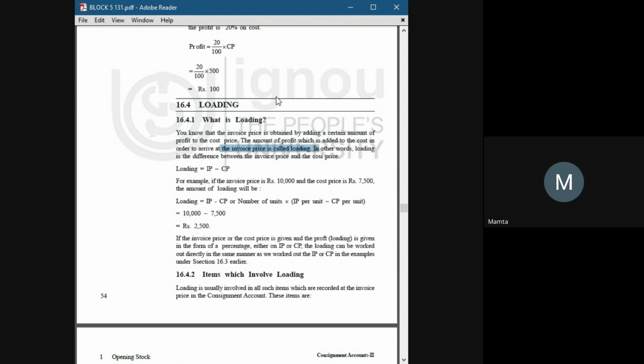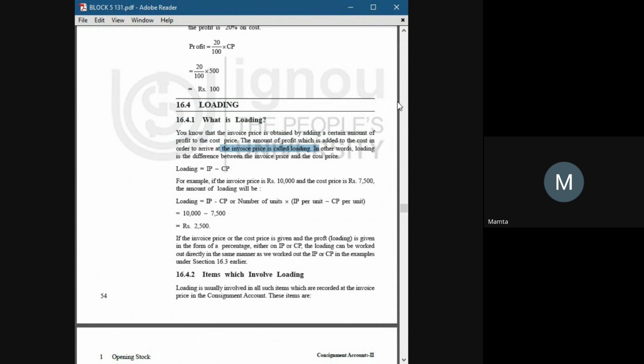Means if the cost we have created is like 100 or 120, and the consignor is selling the same at 150, so the profit would be 30 rupees, that is, 150 minus 120 is 30. This 30 rupees profit would be for the consignee only.